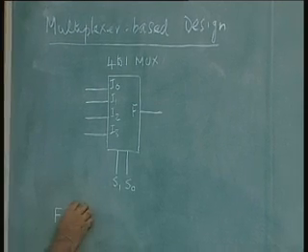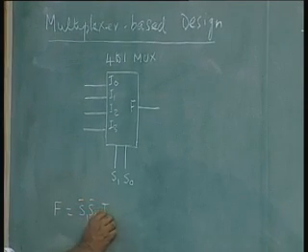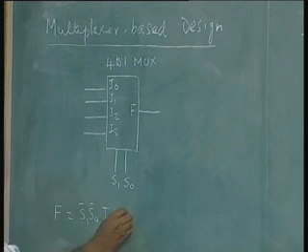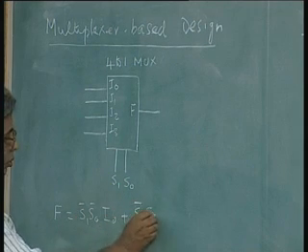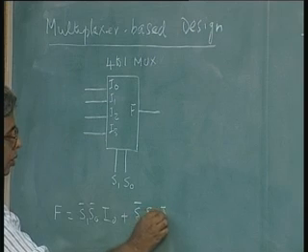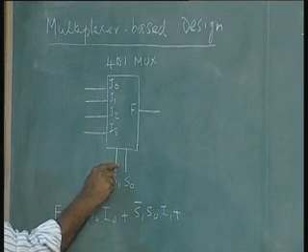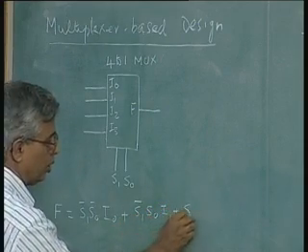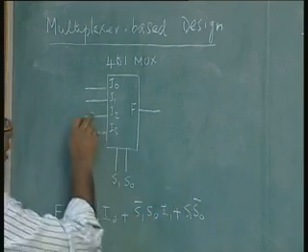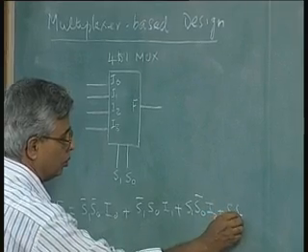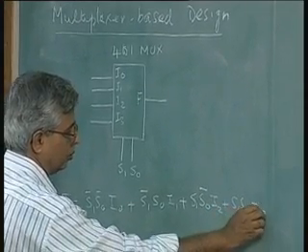So, that is S1 bar S0 bar I0, or if it is 0 1, that is S1 bar S0, then it is I1 which is the output. Then if the input is 1 0, that is S1 S0 bar, output is I2, and finally when both are 1, output is I3.